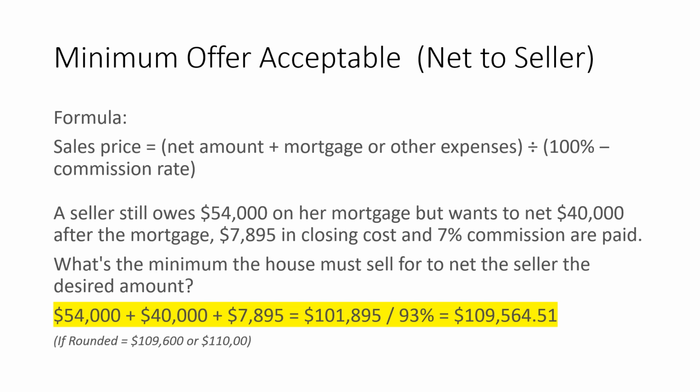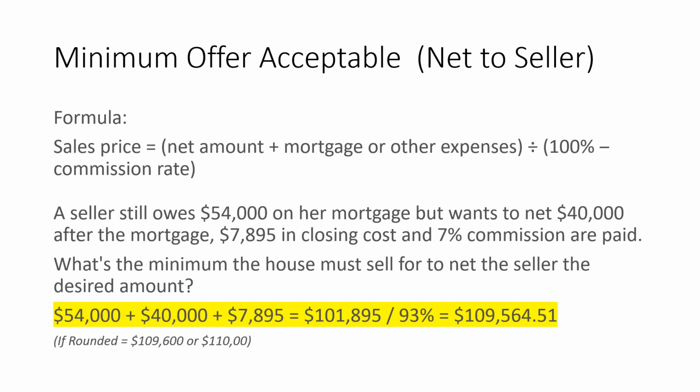So what does she need to sell this house for? You take the $54,000 plus the $40,000, because that's the base that she wants out of it. She wants to be able to pay off the mortgage and take $40,000. Then you're going to add the closing costs, because we've got to account for those. That's a plus $7,895. Now you've got a total of $101,895.